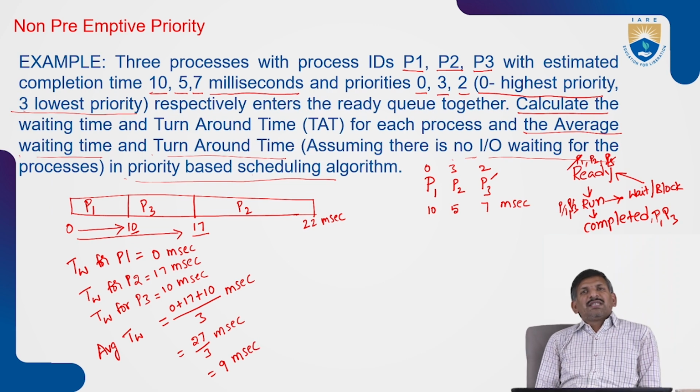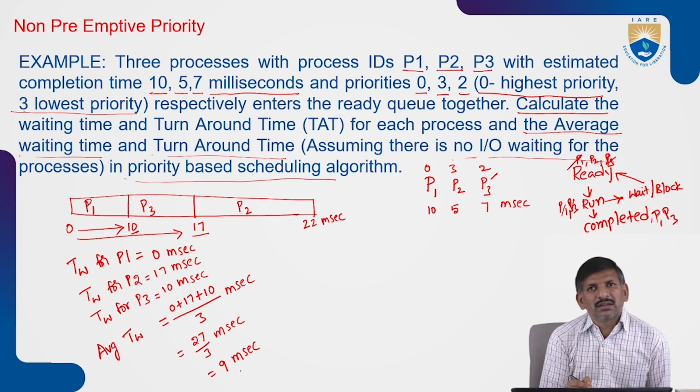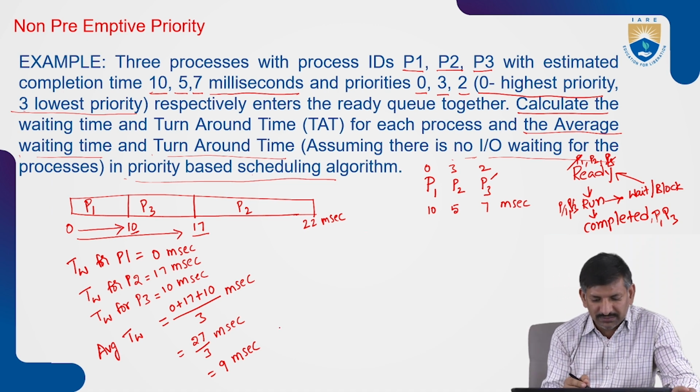So for this requirement, if you follow the priority based scheduling algorithm, the average waiting time is 9 milliseconds.